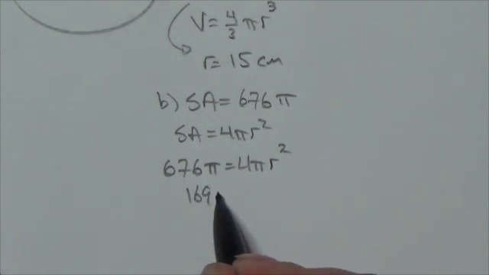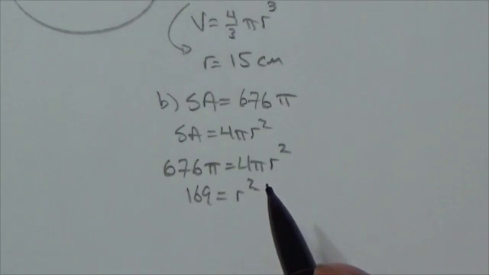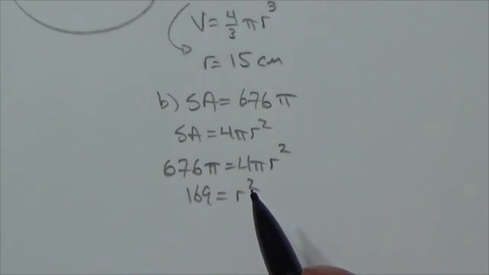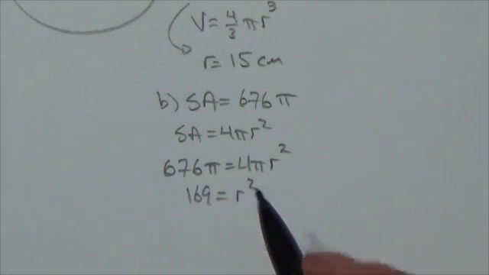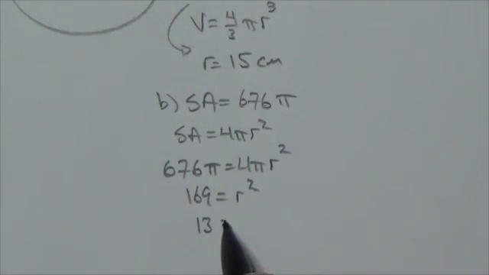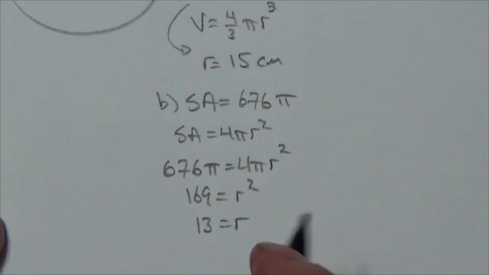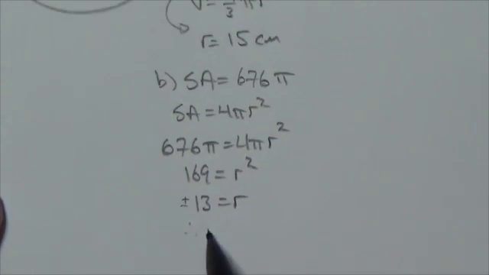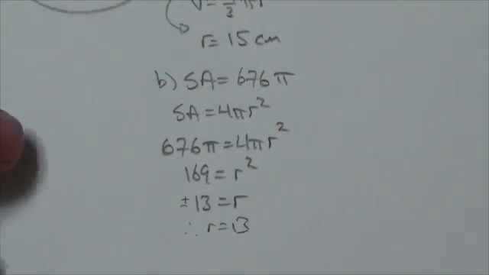We get 169 equals r squared, and taking the square root, it's 13. You could argue it's plus or minus 13, but since we're talking about the radius of a sphere, it's 13 centimeters, positive 13.